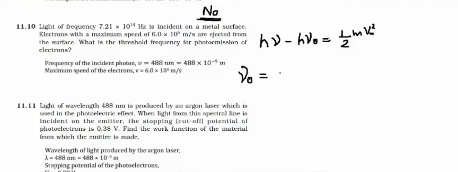Nu naught is equal to nu minus half m v max square divided by h. Substitute the values, you will get the answer.